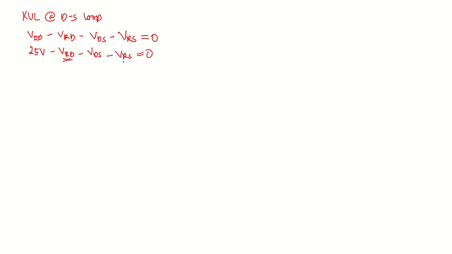Take note, this equation can be expressed like this: VDD minus VDS minus ID times RS plus RD equals 0.